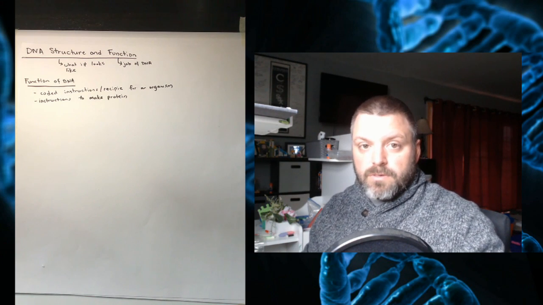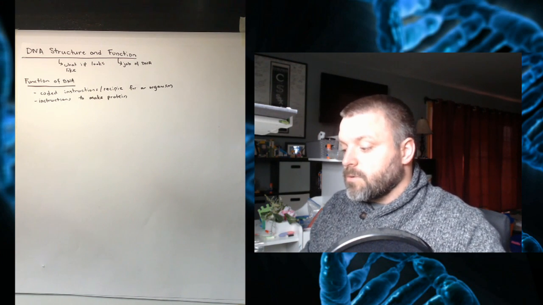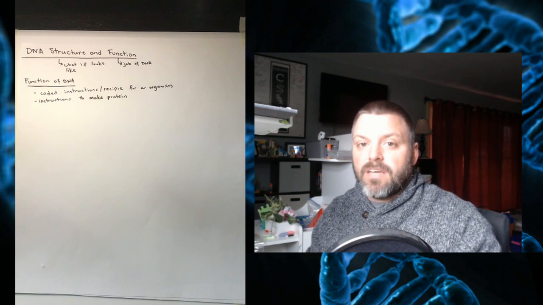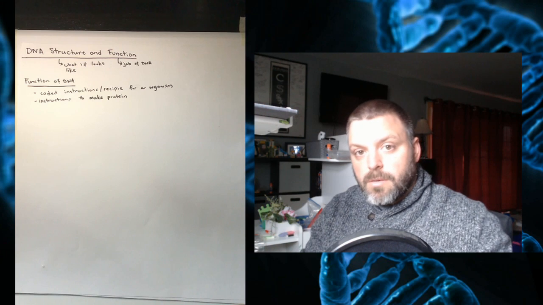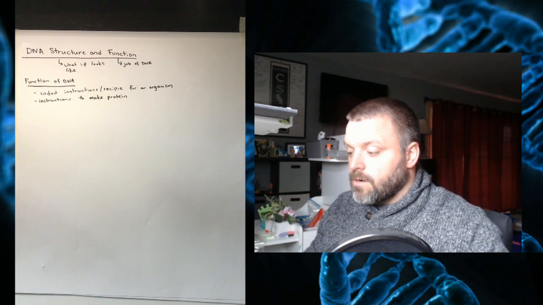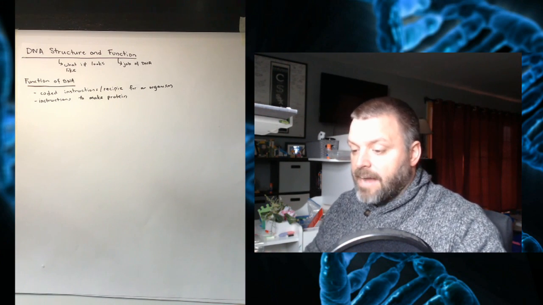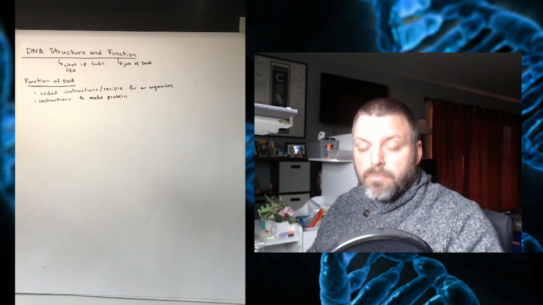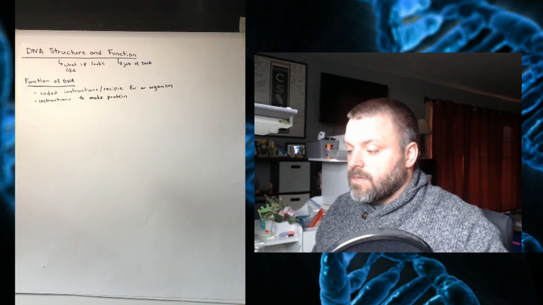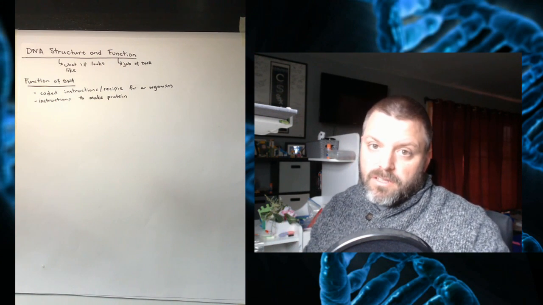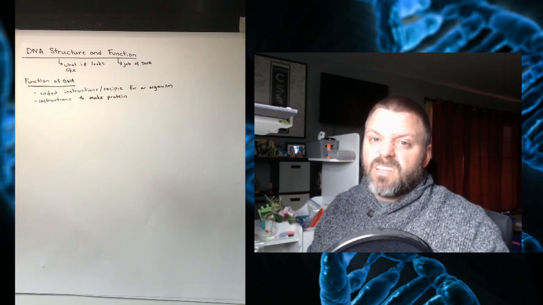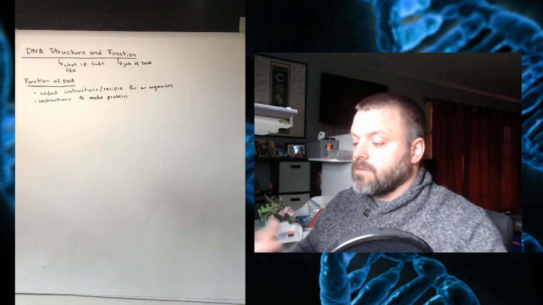So you make those proteins, and the proteins make the organism. Also, as we learned in earlier chapters, proteins are also enzymes, and enzymes control chemical reactions. Different enzymes control chemical reactions faster or slower, therefore it makes the organism act or behave or process things differently. That's where all the variation comes from, because everybody has slightly different DNA, so everybody has slightly different proteins, and everyone looks and acts a little bit differently.